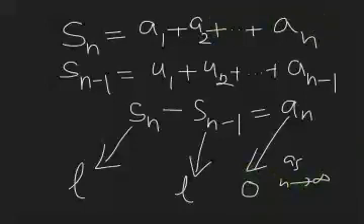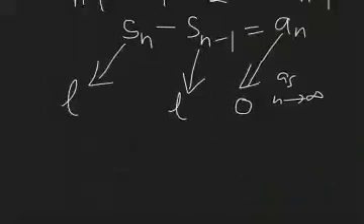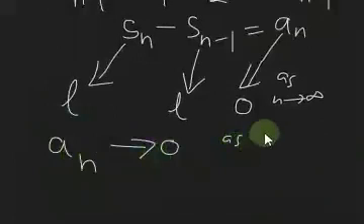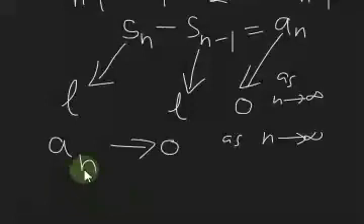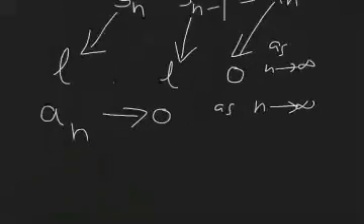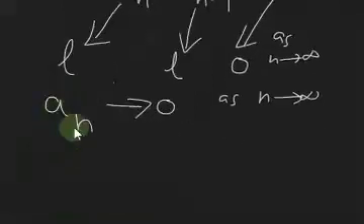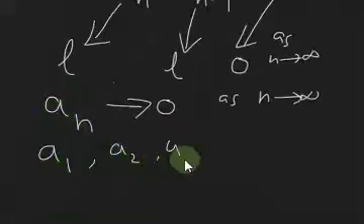Now, more details. If you have a sequence which converges to 0 as n tends to infinity, what can you say about all its subsequences? I think you haven't learned that part in this course. So suppose this is your sequence: a sub 1, a sub 2, a sub 3, a sub 4.